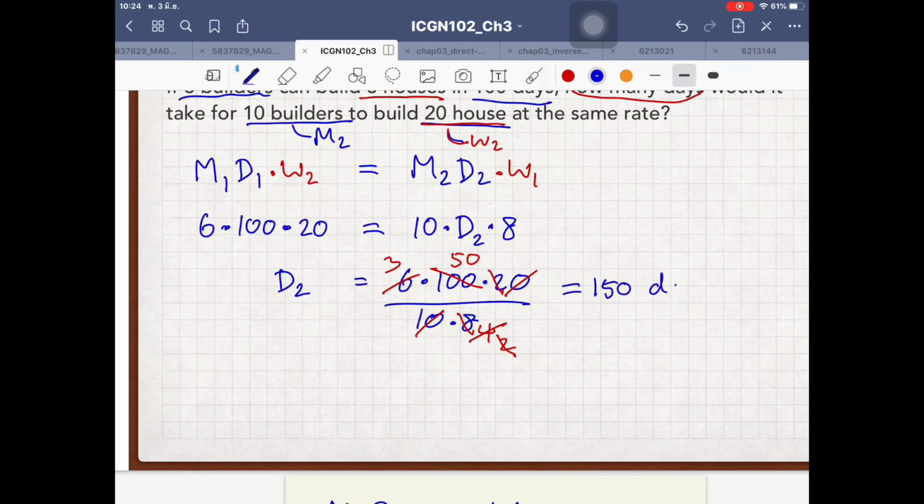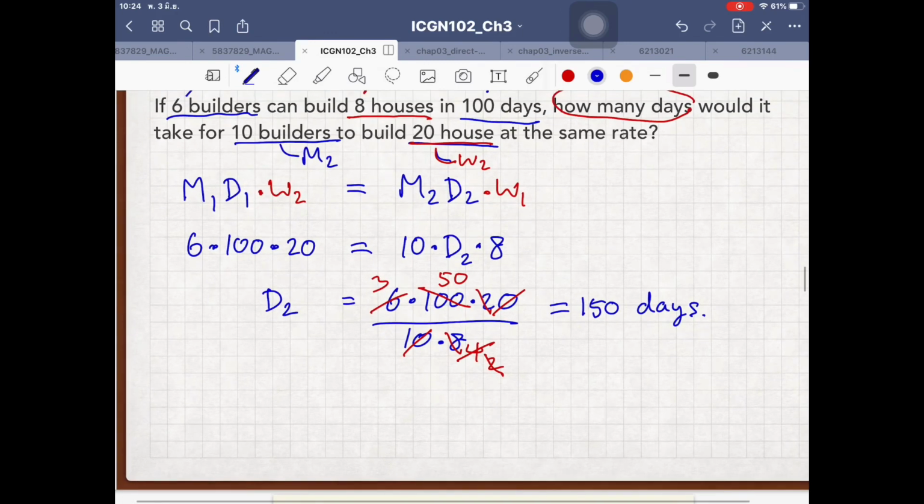All right, the unit will be in days. So it means that for the second situation, where you have 10 builders to build 20 houses, these 10 builders can finish the job in 150 days. So that's the answer.